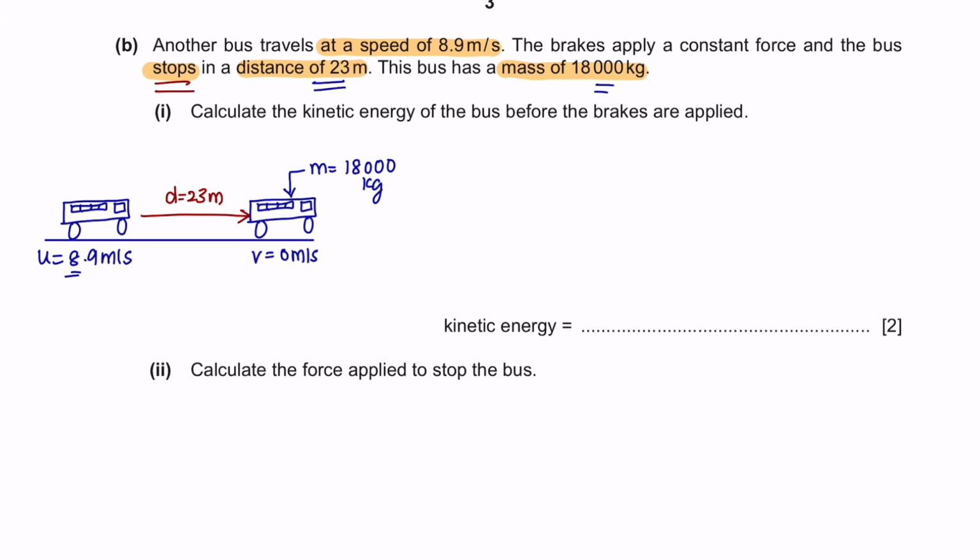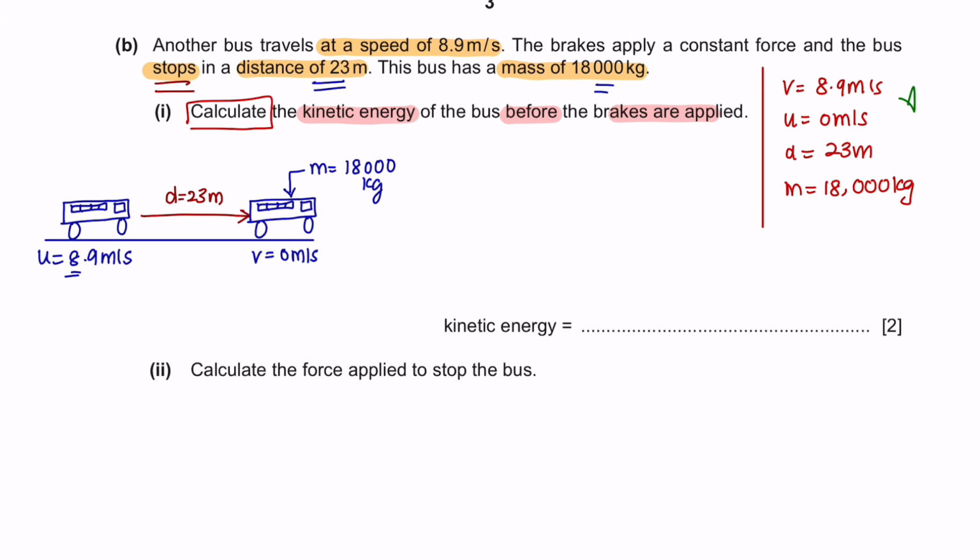Part 1 of the question is asking you to calculate the kinetic energy of the bus before the brakes are applied. Whenever you are given a question to calculate, your first step would be to list down all the information that you have. Of course, this step is not compulsory, but it will help you identify and understand all the information that you need and which formula would be relevant. You are asked to calculate the kinetic energy. The formula for kinetic energy is 1/2 times the mass of the object times its velocity squared.